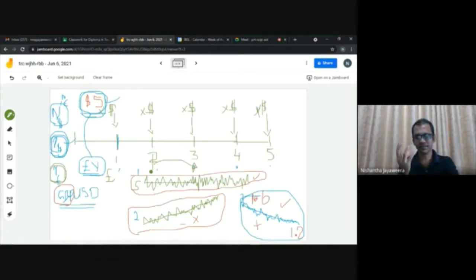But what they need is certainty, not uncertainty. So to have that certainty, they prefer to have known cash flows in the future rather than unknown cash flows. Therefore, the best option is having the dollar interest rate fixed and the sterling interest rate fixed.